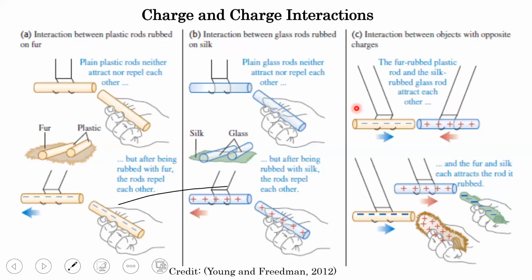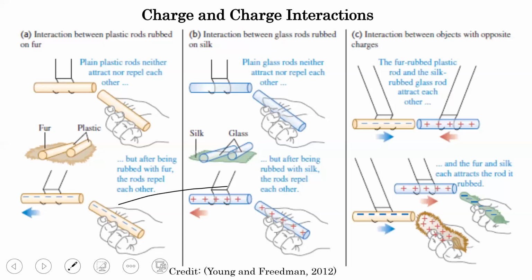We have the plastic rod that had been rubbed with wool, making it negatively charged. We also have the glass rod that has been rubbed with silk, which is now positively charged. When the rubbed plastic rod and the rubbed glass rod come close to each other, they attract because they have opposite charges.